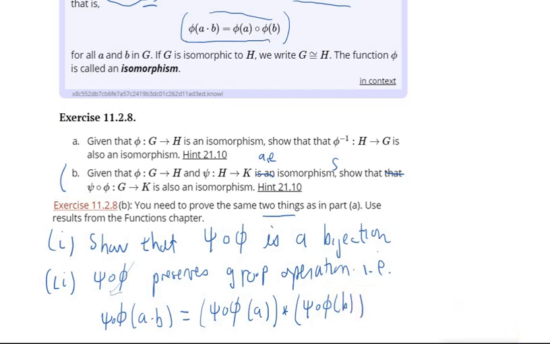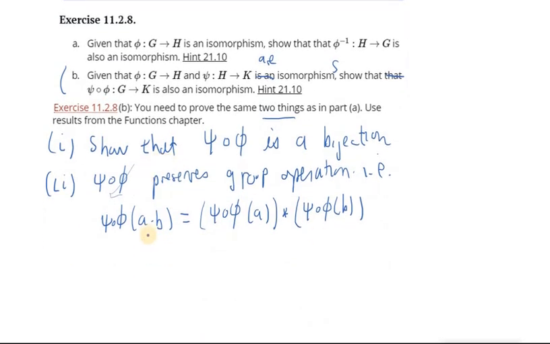All right. So let me explain all the symbols here. This here is the group operation. It's the group operation in G. Okay. This here is function composition. And that's the same here.